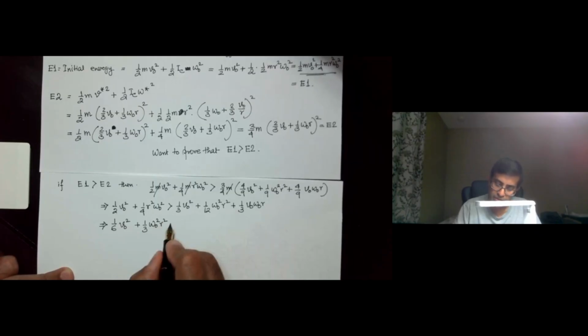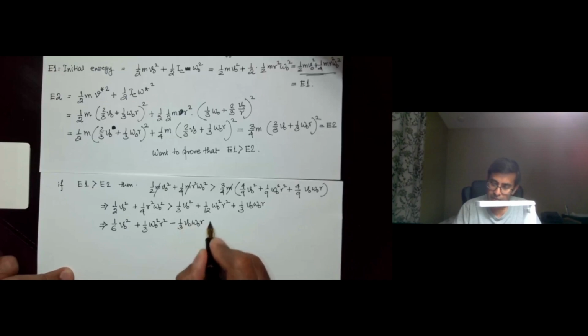And then I'm going to bring this to the left. 1/3 V naught omega naught r is greater than. So this must be true, if indeed the energy is lost in the process.